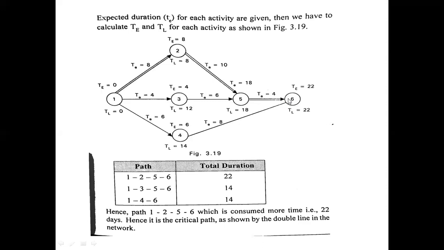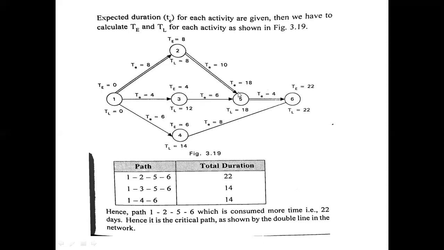Next, for 6, 18 plus 4 is 22. And from the other path, the previous earliest finish time is 0 and the duration is 4, so 0 plus 4 is 4 for the third. Next for the fifth, again 4 plus 6, we get 10.